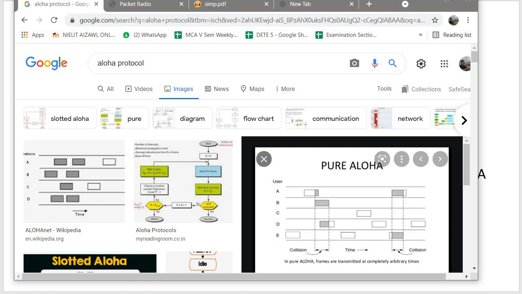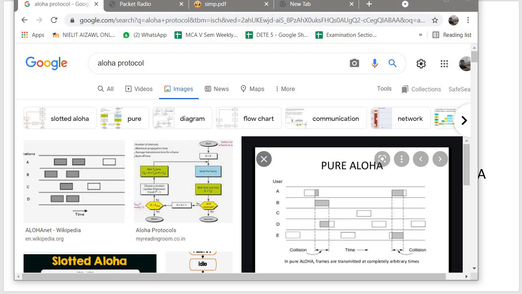If we have data to send, we send the data, that's all. While we are transmitting data, if we receive any data from other stations, that's the second point.